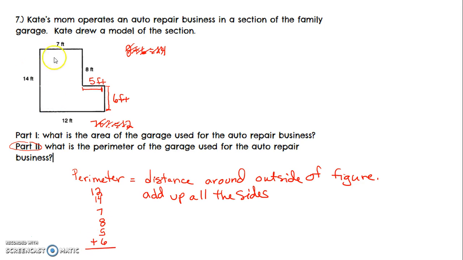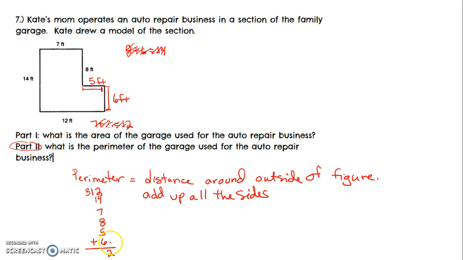That's what you do. You just go around and you add up all the sides, and that'll give you the perimeter. So 2 and 4 is 6, and 7, 6 and 7 is 13. 13 and 8 is 21. 21 and 5 is 26. 26 and 6 is 32.